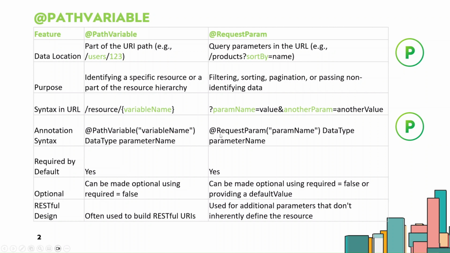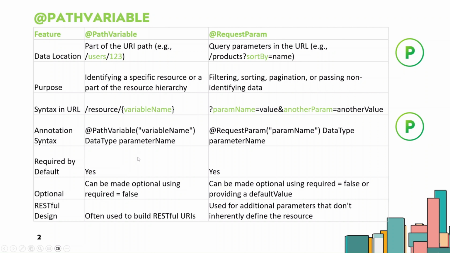Here you can use the request param annotation, and you need to pass the key, sort by or any param name. You can do the type conversion also, no problem, similar to this. By default, when you use this annotation for a variable or value, you have to provide the value. It expects a value by default.